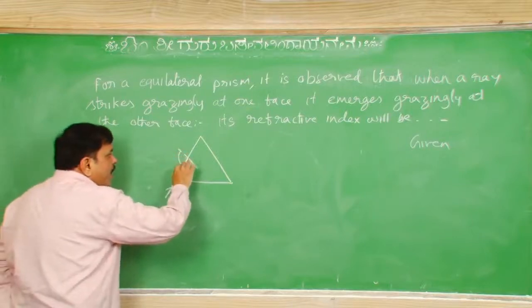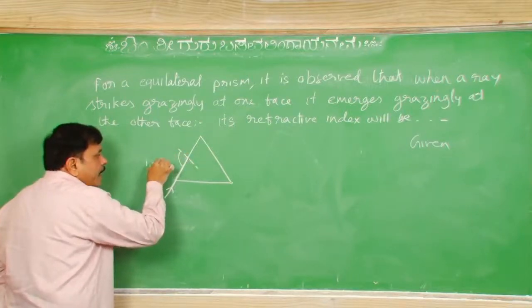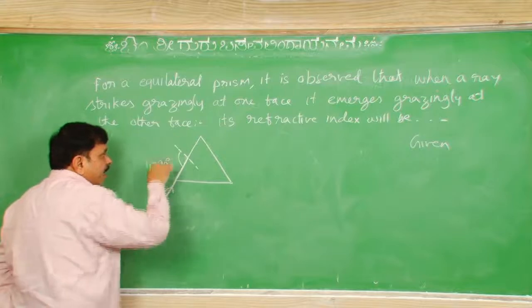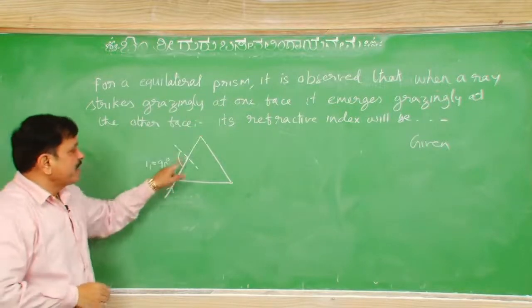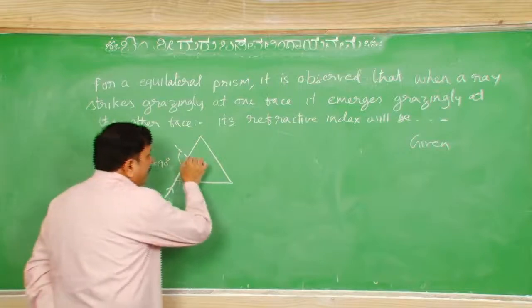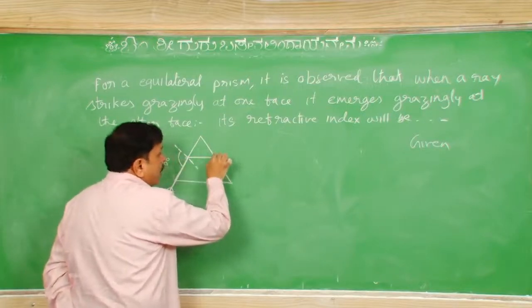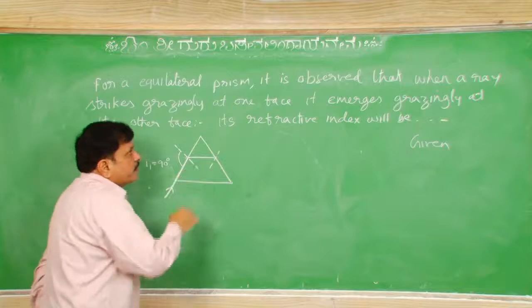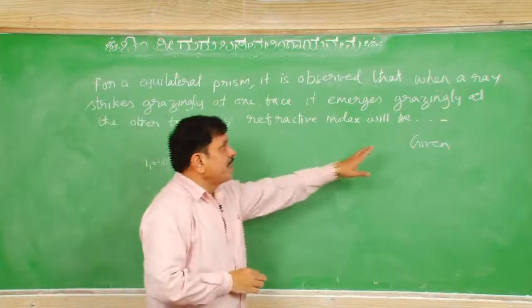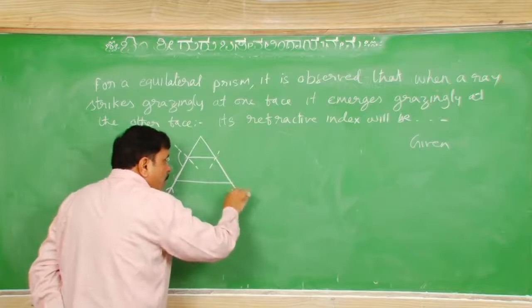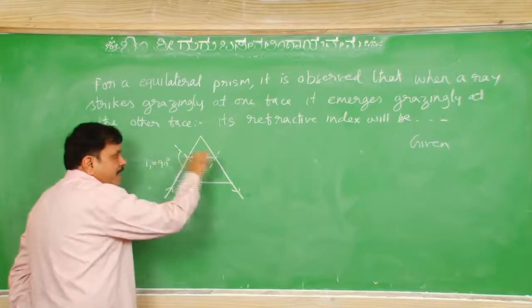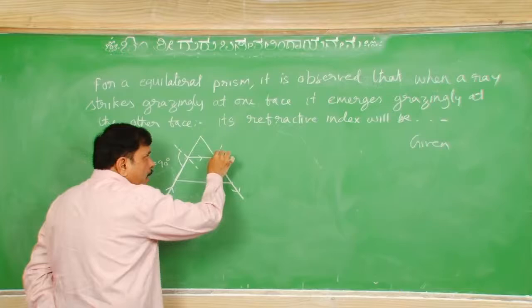So this angle of incidence can be taken as 90 degree, because it is mentioned grazingly one face it is incident. After refraction, say it travels like this, then one more thing is mentioned, it emerges grazingly at the other face. So this ray which is incident like this, comes out in this manner.